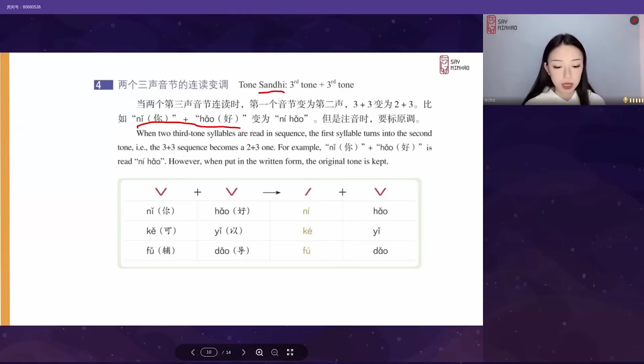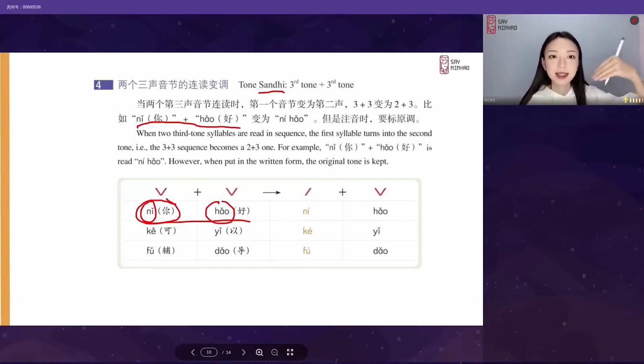Let's see the examples. First one is 你好, which means hello. They're all third tone syllables. In this situation, we should change this 你 into the second tone 你.